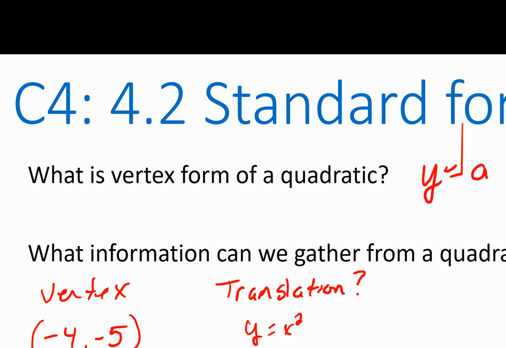But what's our new vertex? Okay, so what's that do in terms of a shift? So my vertex was here at the origin, but now it's here at -4, -5. Now it's down here somewhere. So we can see that it actually shifted left 4 units and shifted down 5 units. Okay, every single point would make that shift. Every single point would go left 4, down 5.